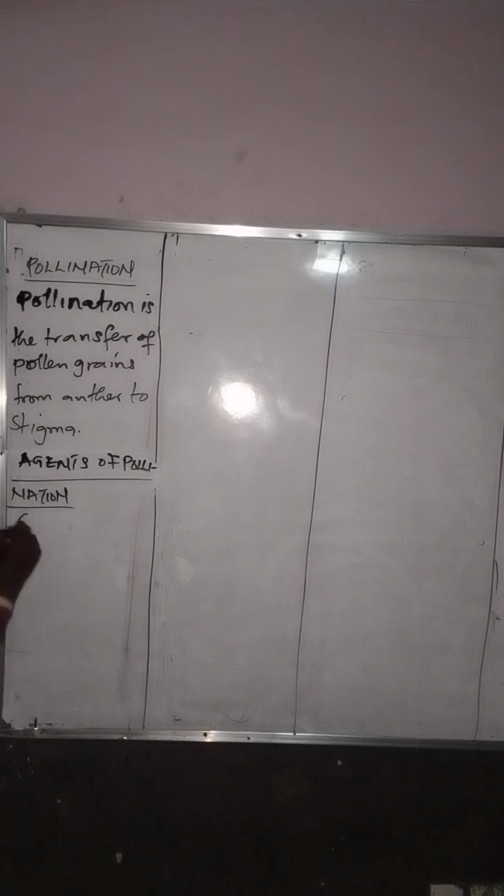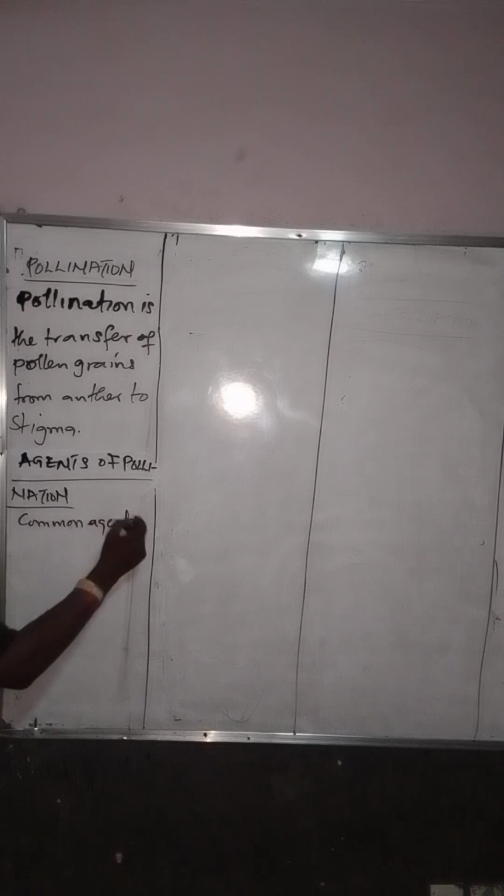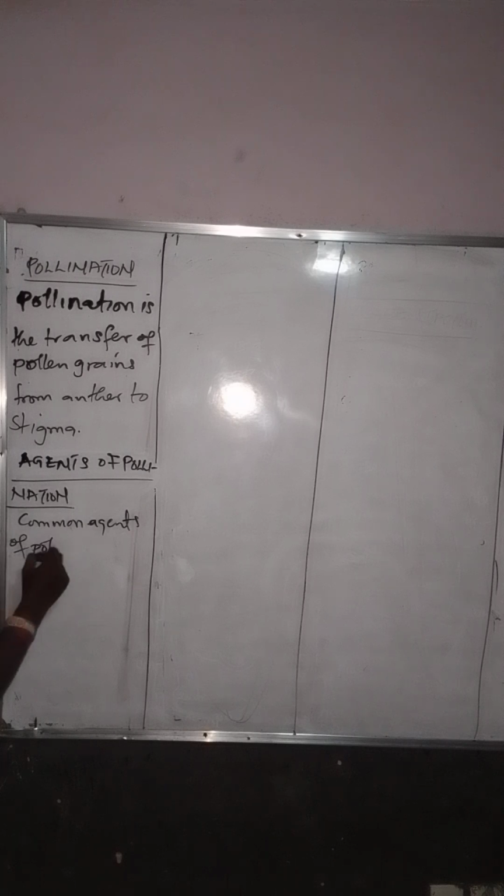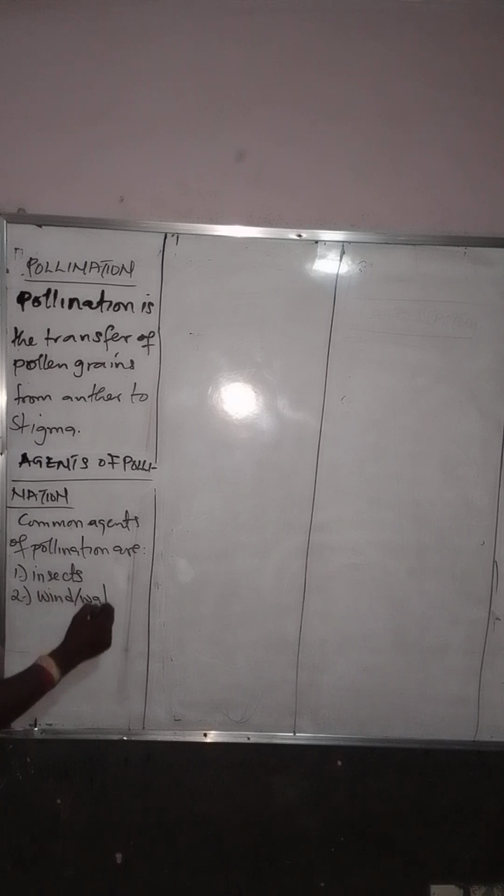Now, common agents of pollination are 1. Insects. 2. Wind, water, birds, etc. Now let's look at insect pollinated flowers.